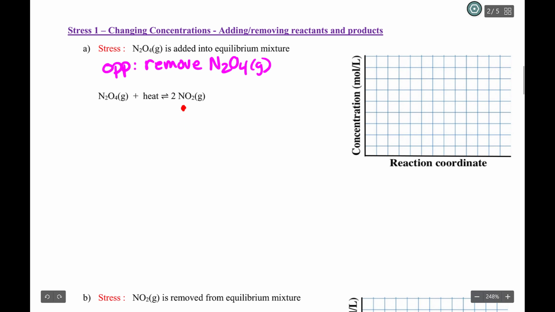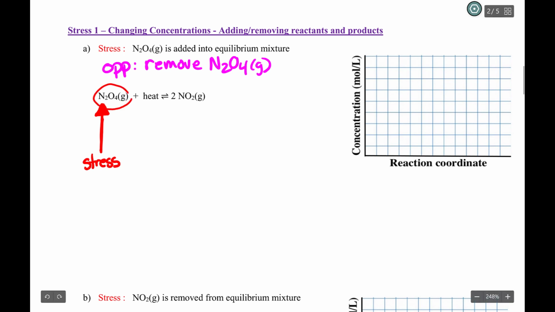Now, how I visually show this is using arrows. I use red, blue, and green to represent a stress, a shift, and a new concentration. So for instance, I've added a bunch of N2O4 to this system. So I'm going to use a red arrow going up representing that I've added this in. So again, this is my stress arrow. Now, how can the system get rid of some of the N2O4 I added in? It can consume some of it.